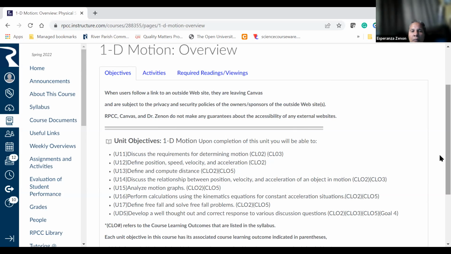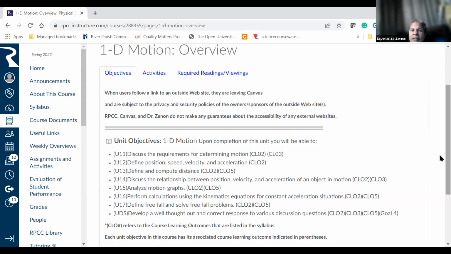And so, when we finish with this overview, you should have a foundation, some basic concepts down that are relevant for 1D motion and that will carry over into our coverage of other types of motion.